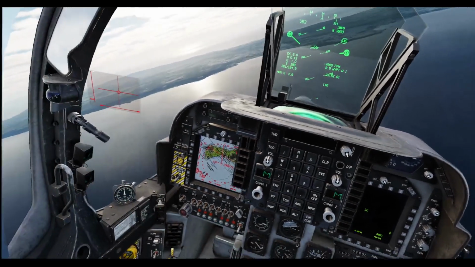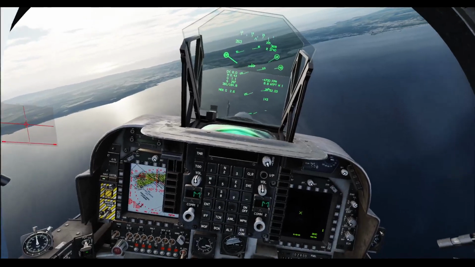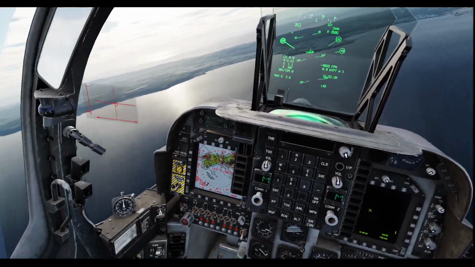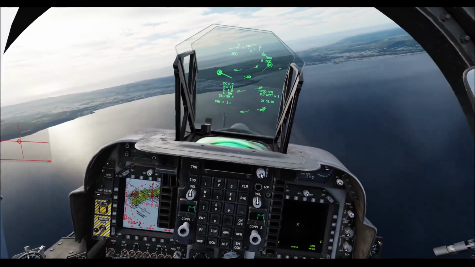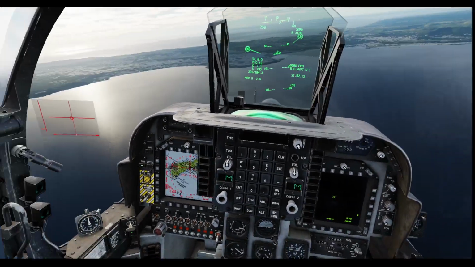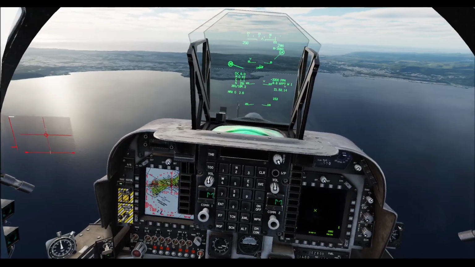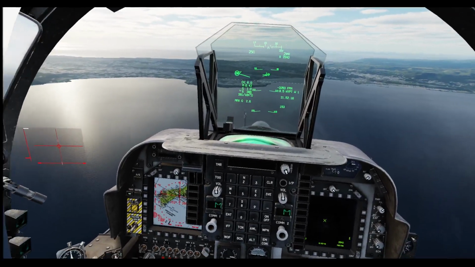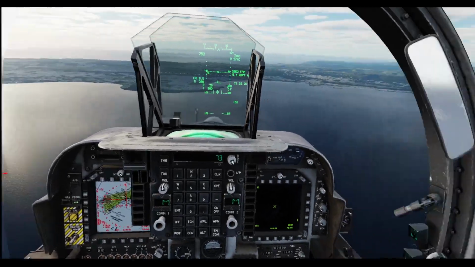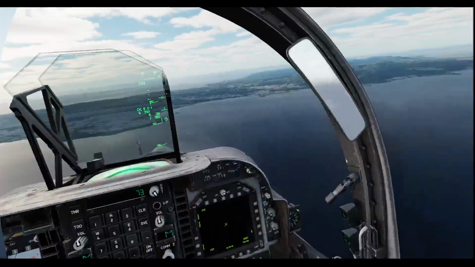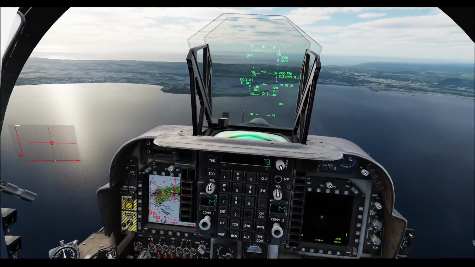Okay, we're at 9 miles, we're at 3,000 feet. We're going to continue this turn. Actually, we're going to straighten out the turn for a moment. And preemptively, I'm going to pop the aircraft into VSTOL master mode, because that is the first thing you would do as part of the landing configuration checks.